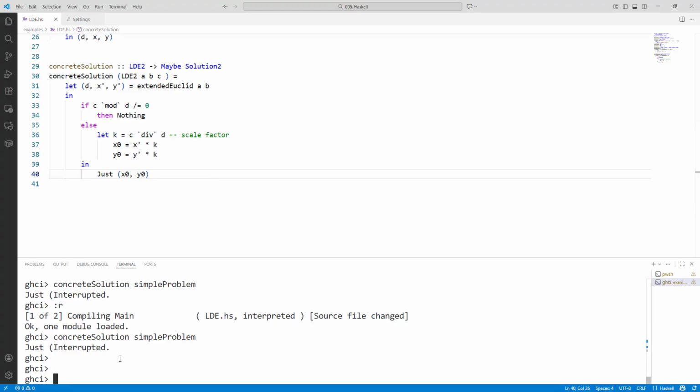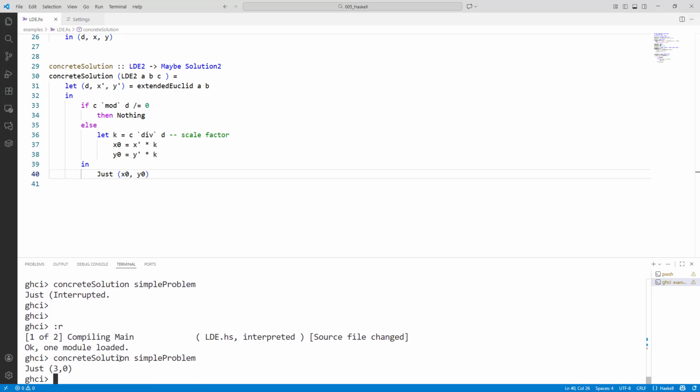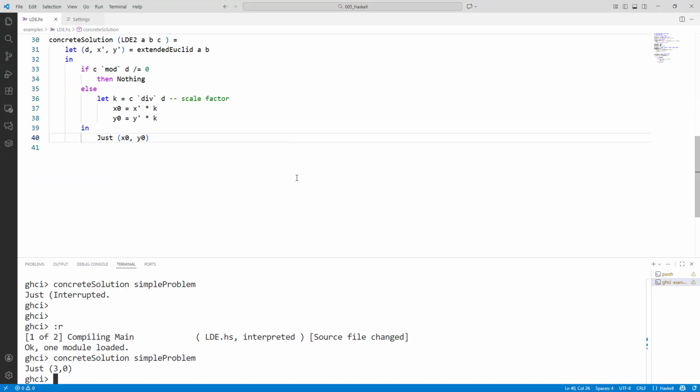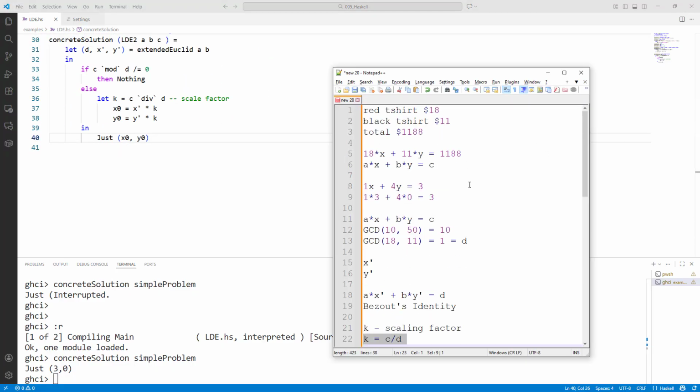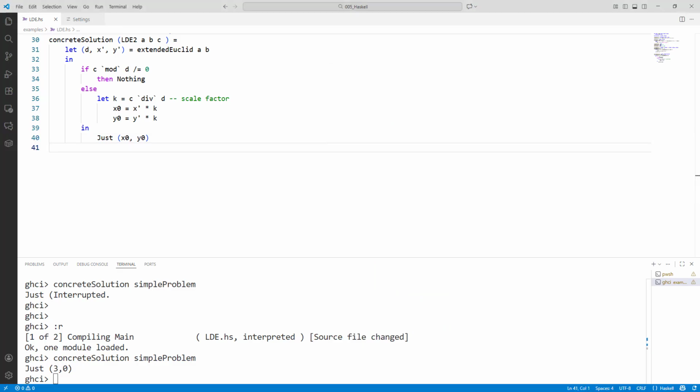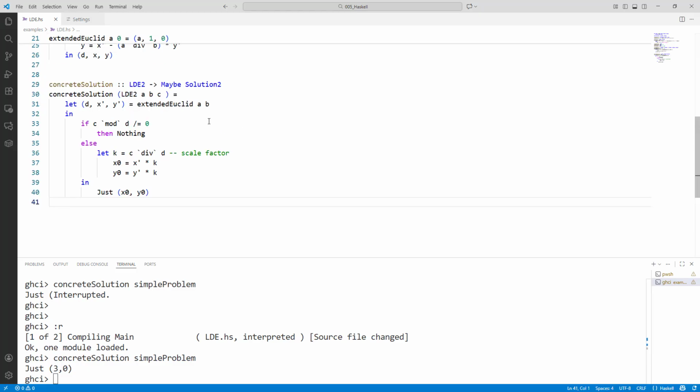Control-S, a lot of times, reloading everything and pressing concrete solution, and we get Just 3.0, which is actually, I guess, a solution of the simple problem. Pretty much a solution of that one: 1x plus 4y equals 3. You see 3 and 0 are solutions, which is good. Matching the document. And finally feeling good when something that we do actually works.